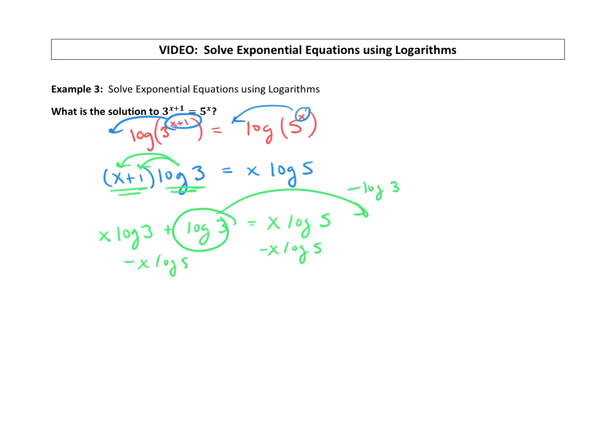I'm doing two steps at the same time. This is essentially just subtracting terms to get them to the other side of the equal sign. So we have x log of 3 minus x log of 5 equals, when we subtracted that log of 3 to the other side, a negative log of 3.